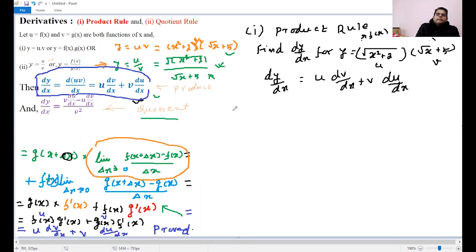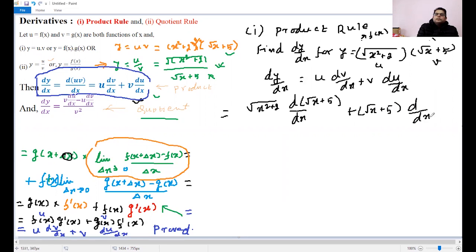And here in place of u, you can say it is the square root of x squared plus 2, and then in place of v, it is root x plus 5, and in between there is minus, and v value is root x plus 5, and then here we differentiate the function u, which is x squared plus 2.